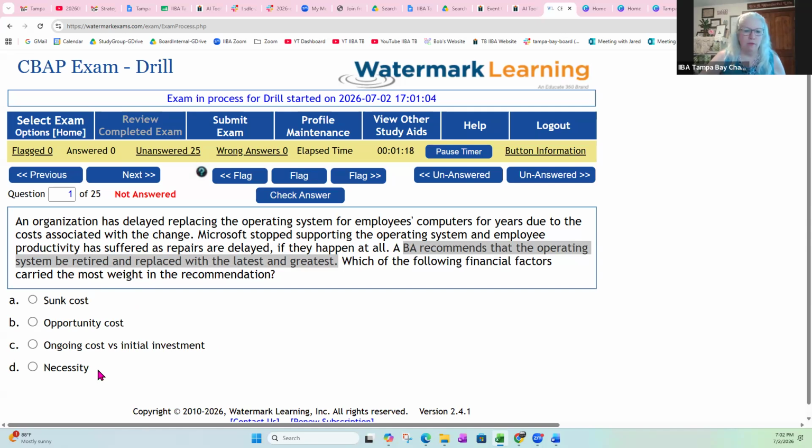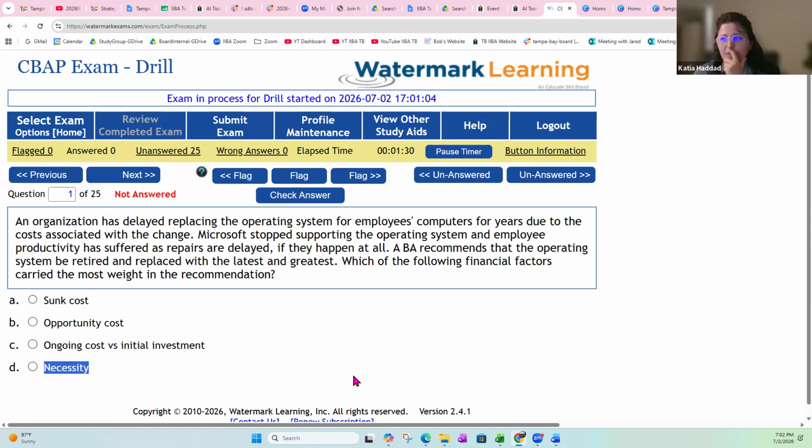Let's eliminate one of these. Necessity. Why are we eliminating necessity? Let me recall which one, because isn't it sunk cost and necessity? I think I eliminate the sunk cost because it's already spent.